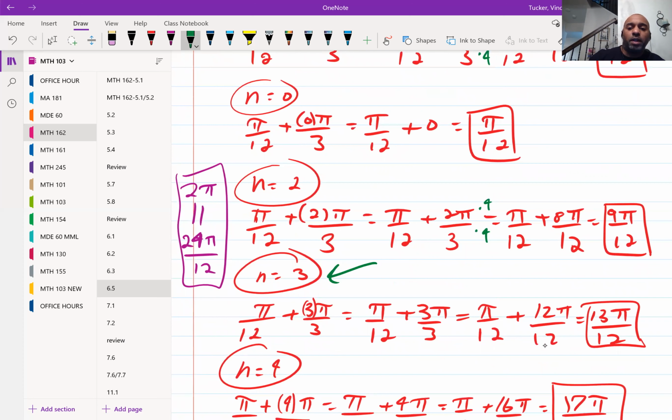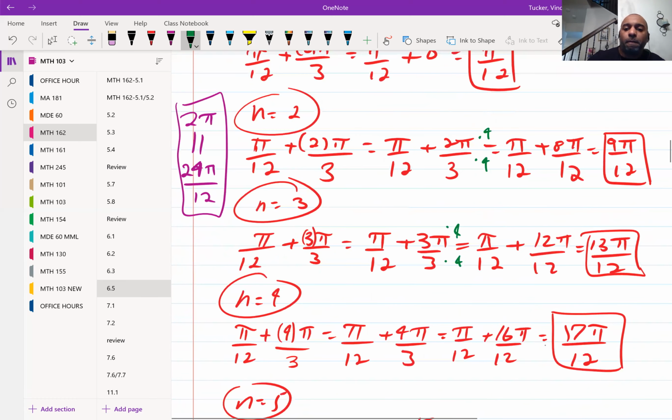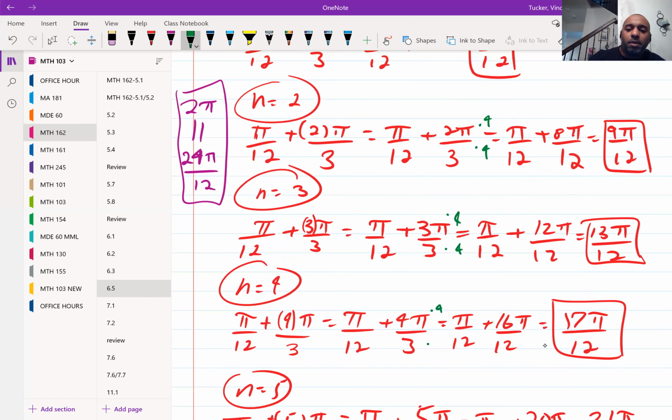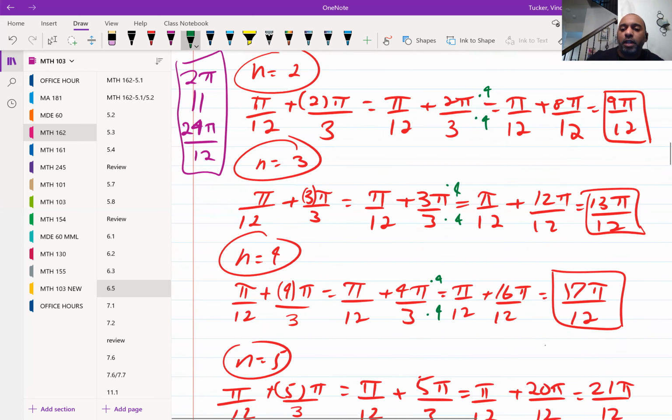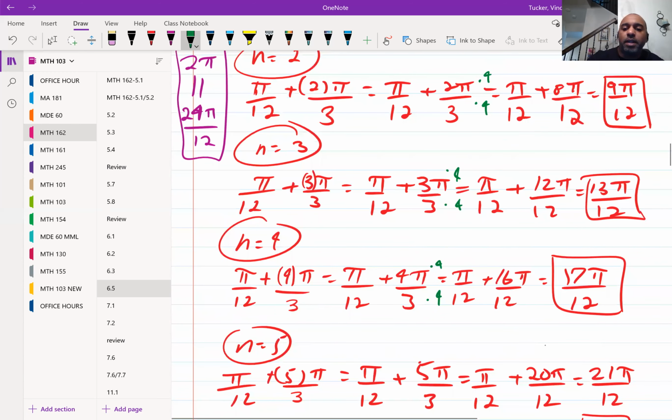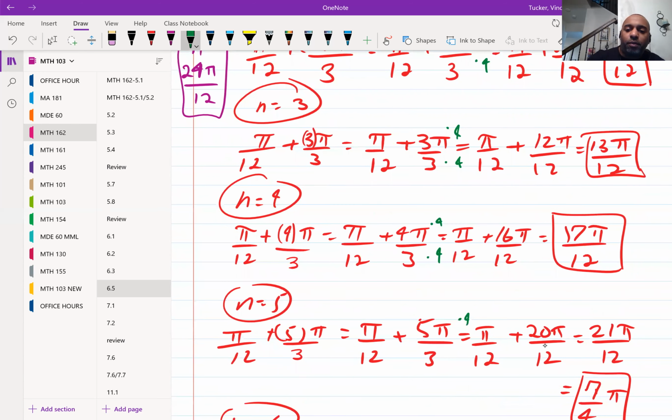Same thing with plugging in 3, multiplying, yep, top and bottom by 4. Once again, that'll give you 12 over 12. That's 13 pi over 12. Multiply top and bottom here by 4. 16 pi over 12 plus pi over 12. Once you plug in 4 for n, that'll give you 17 pi over 12 ultimately. Here, multiplying 4 to the top and bottom.